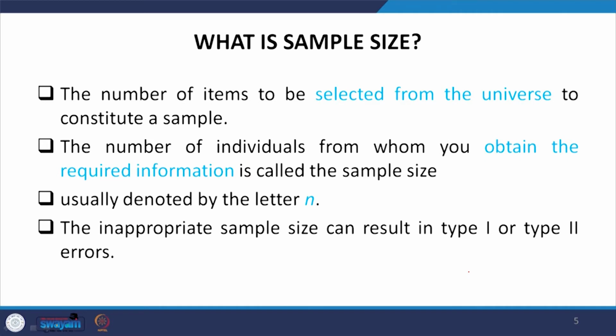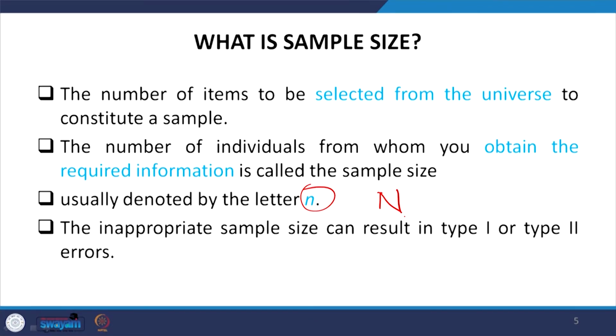But now, the number of items to be selected from the universe is basically called the sample, and the number of individuals from whom we obtain the required information is called the sample size. Usually sample size is denoted with small n, whereas the population size is denoted with capital N. So, these are the indicators we will be using a number of times.